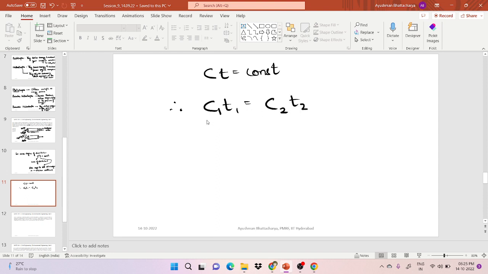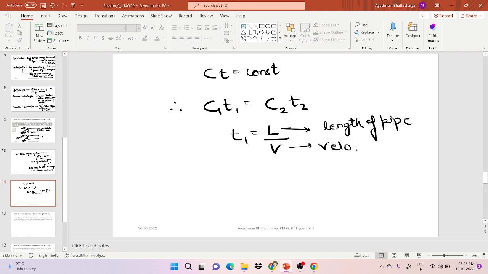This is before flow rate and after increasing the flow rate. Here it is time. So we can write T1 as L by V, where L is the length of pipe and V is the velocity of flow.